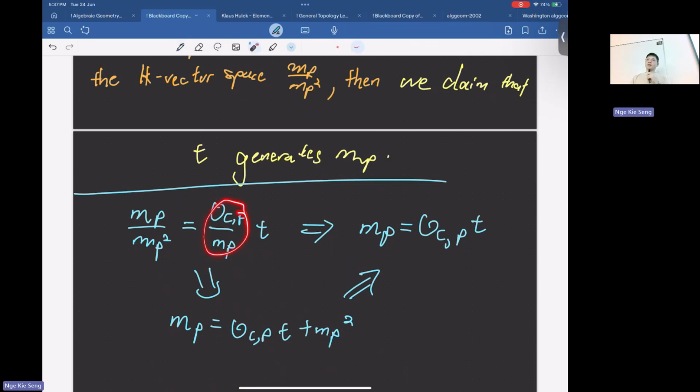Does it make sense? This element is also something in OCP plus MP, right? But MP times T is something living in MP squared.